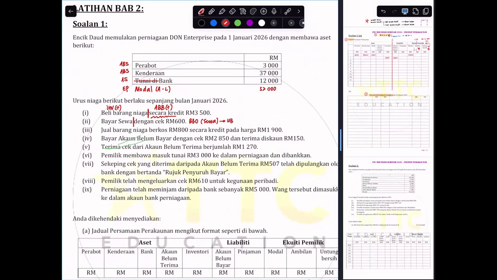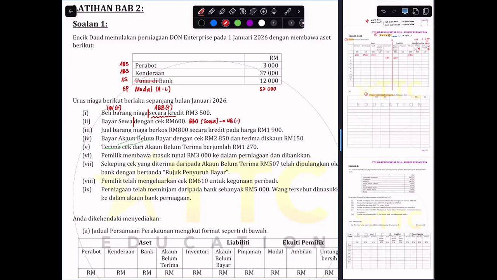And belanja is going to add or minus your untung bersih. When you're spending money, your untung bersih is getting added or minus. Belanja is spending money. When you're spending money, your untung bersih, your profit, is getting reduced by 600.